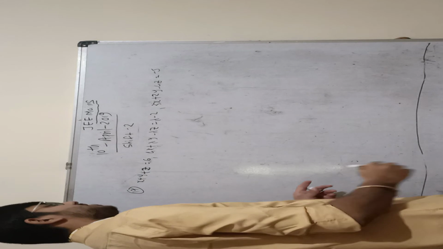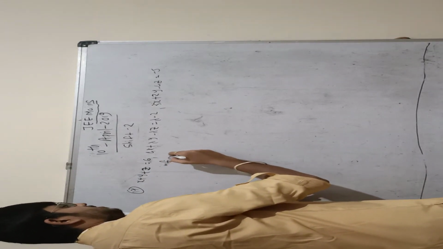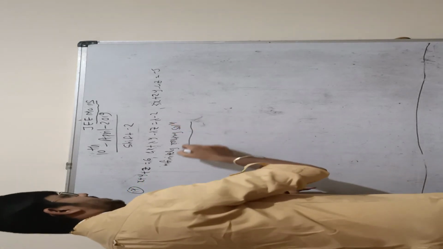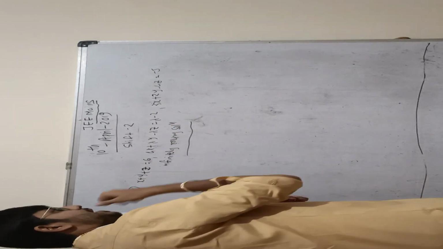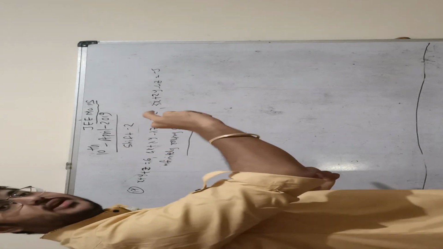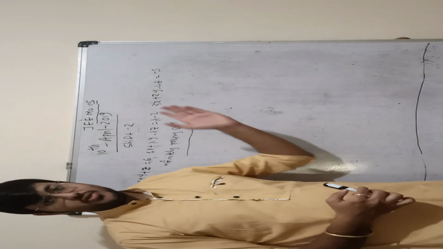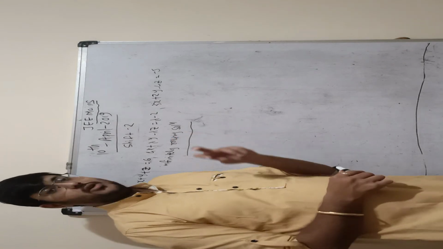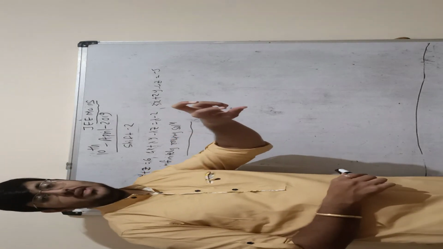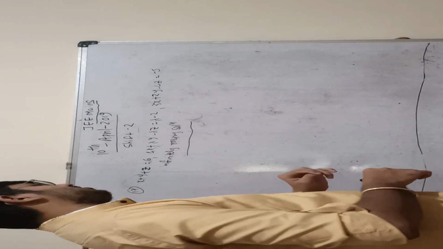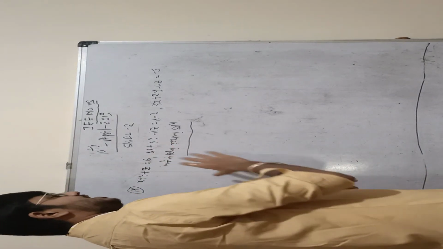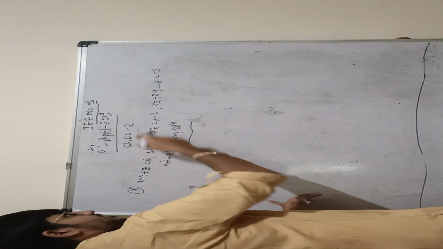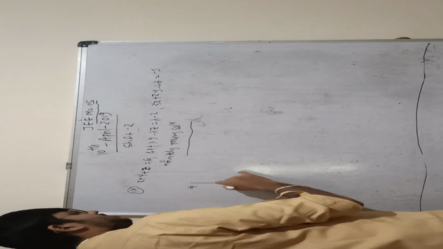If this linear system has infinitely many solutions, then we have to find the value of lambda, and quadratic equations are given in the options. So we have to verify that the value of lambda will be the root of one of the following quadratic equations. First let us find the value of lambda. If the system has infinitely many solutions, its determinant will be 0.